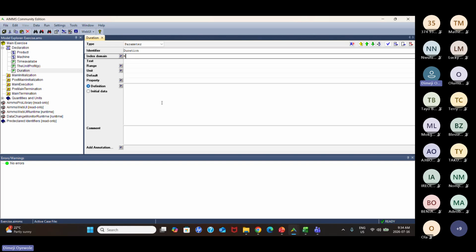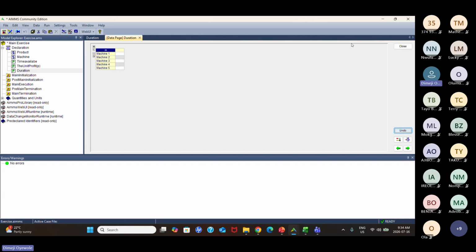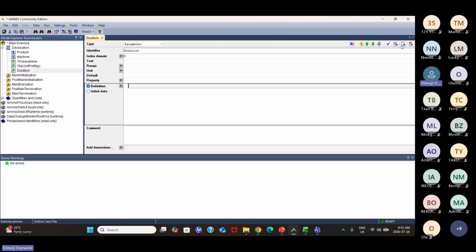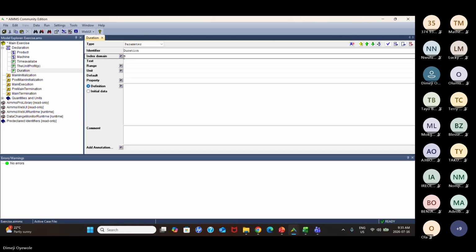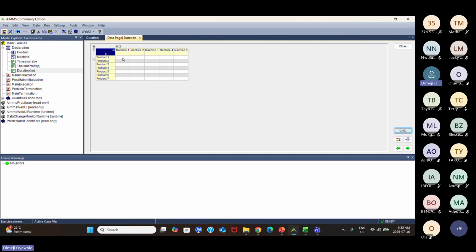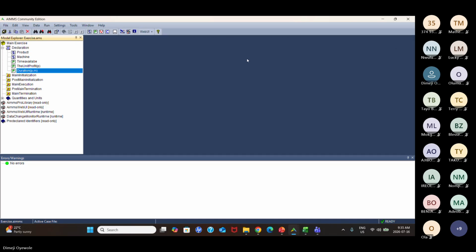If I use only hem, it's just going to give us this. But if I use P and hem, we have something like this. So that is the duration. Those are the parameters.